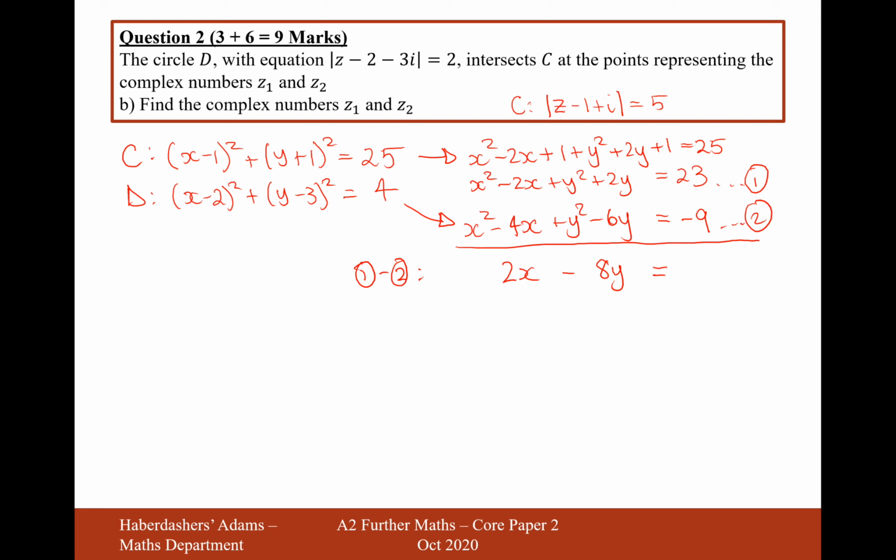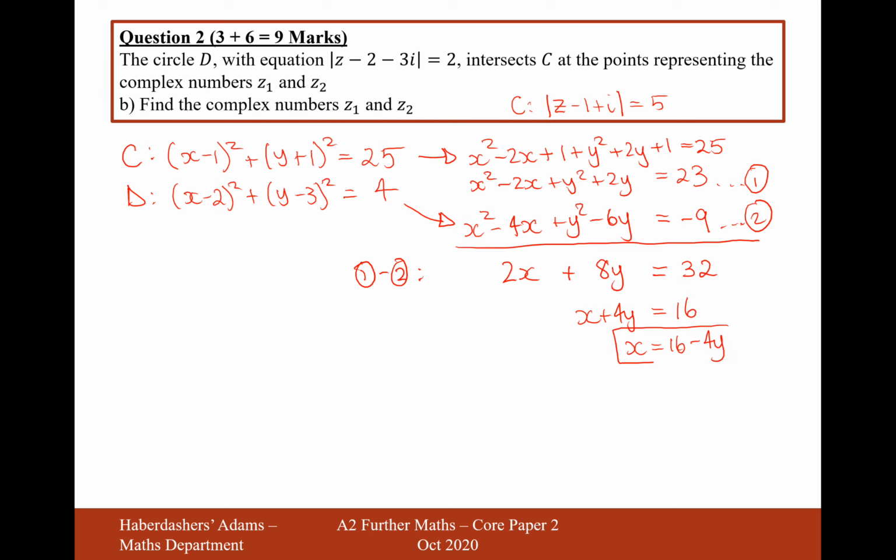And 23 minus minus 9 is going to give us 32. Now let's divide through by 2, so it's going to be x plus 4y equals 16, so therefore x equals 16 minus 4y.